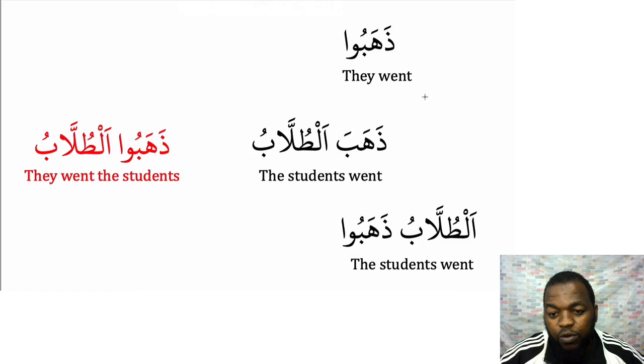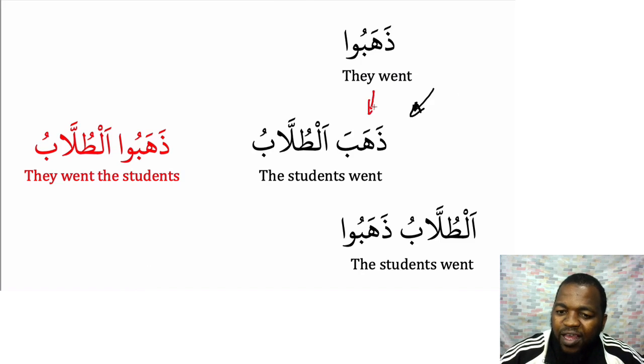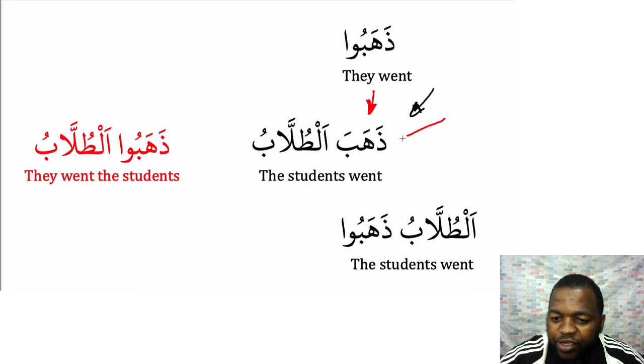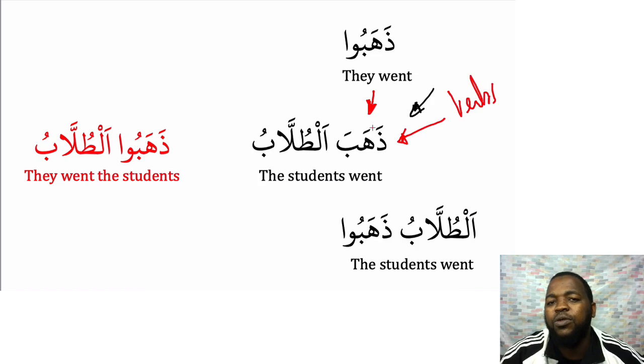Now we can come back to here. Look at this verb. Dhaba, right. The action here is going. So where is the verb? Dhahaba. Here is the verb. Great. Look at this verb. Do you see any sign of subject, of doer? No, you don't see it. Okay?